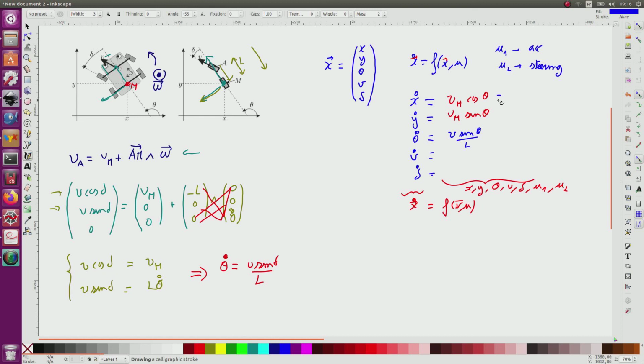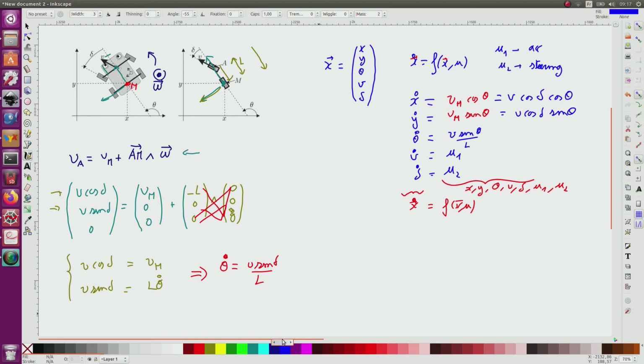This is why here I will have v cos delta cos theta, and here v cos delta sine theta. And since I control the acceleration, v dot is u1, and delta dot is u2.